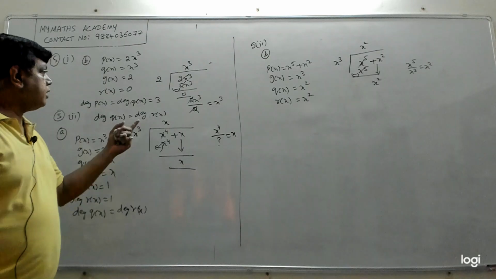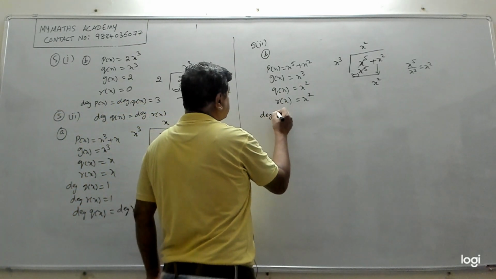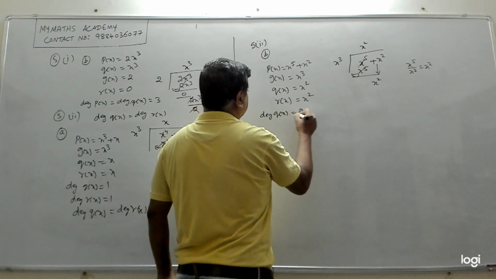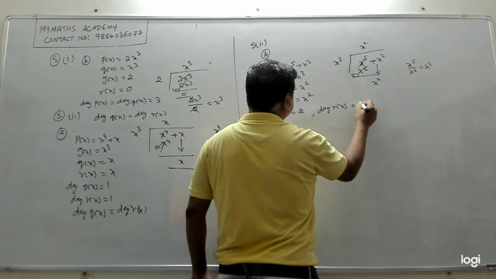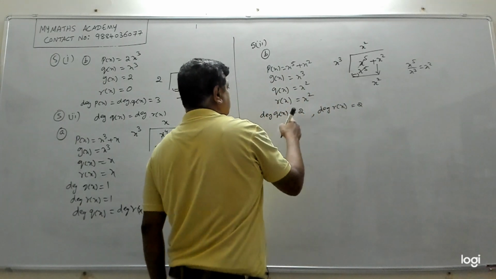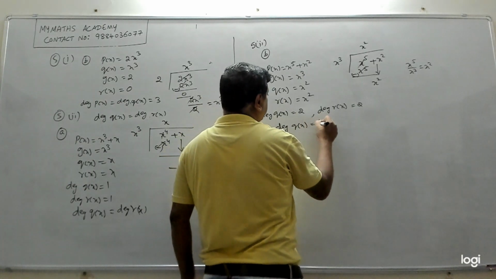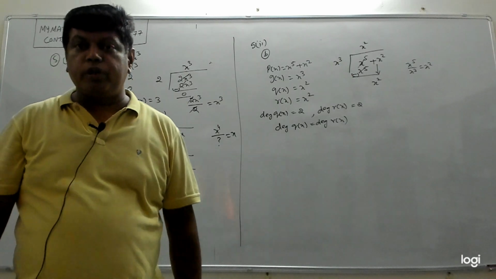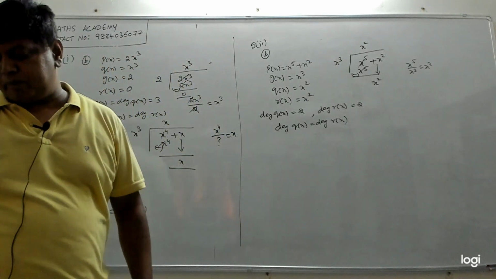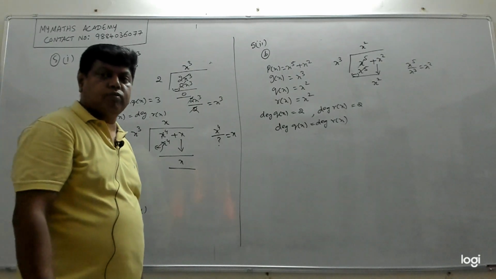Here what is the degree of q of x? Degree of q of x is 2. Degree of r of x is also 2. Therefore, degree of q of x is equal to degree of r of x. So we have given an example where both the degrees are the same. Right? And the last one is degree of r of x equal to 0.